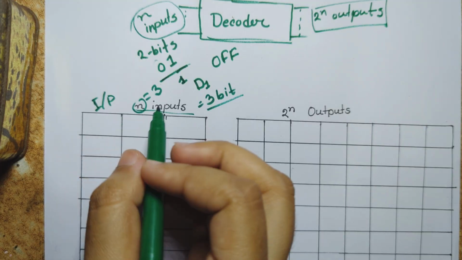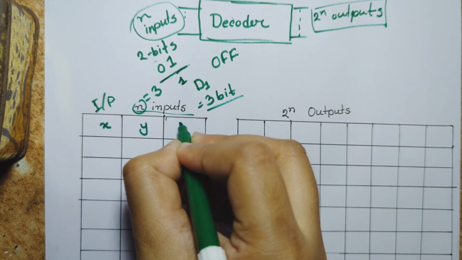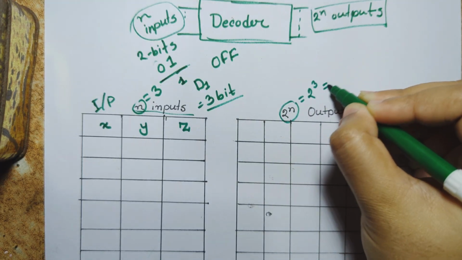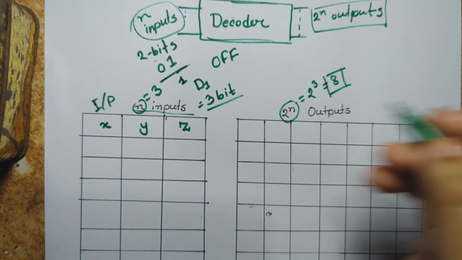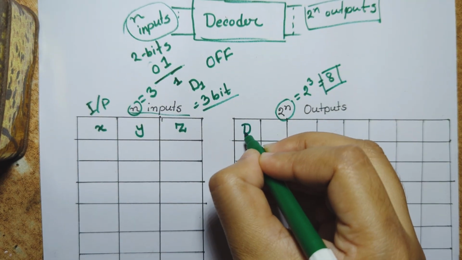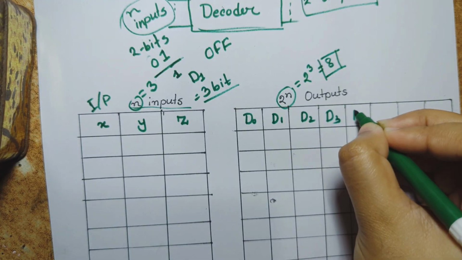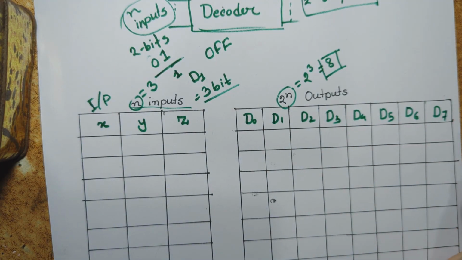Then we will address this 3-bit input as x, y, and z, and we will get 2 to the power n outputs, means 2 to the power 3, which equals 8. So we will get 8 lines of output. Here we denote these 8 lines as D0, D1, D2, D3, D4, D5, D6, and D7.